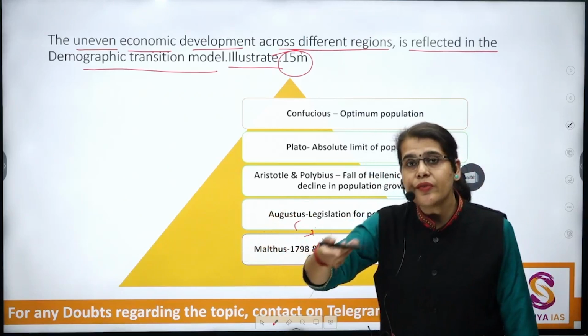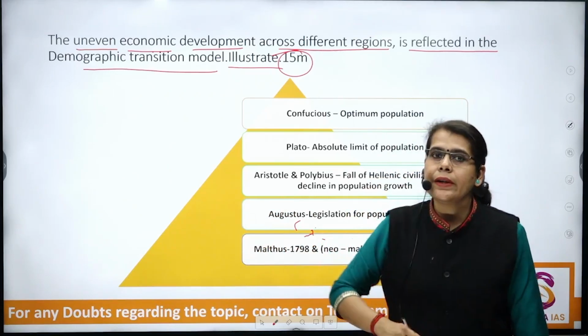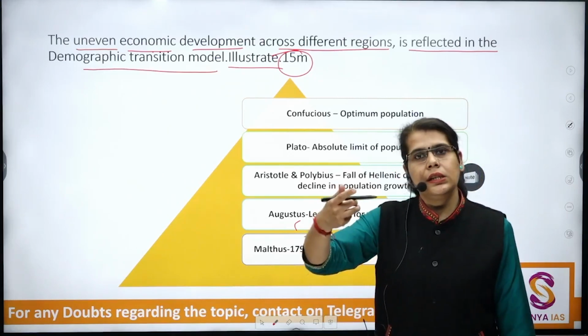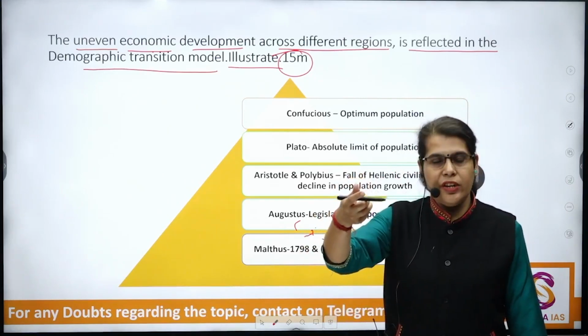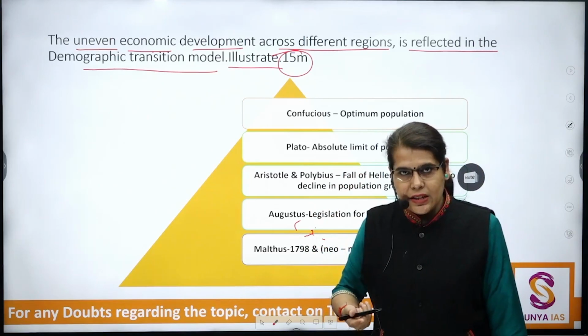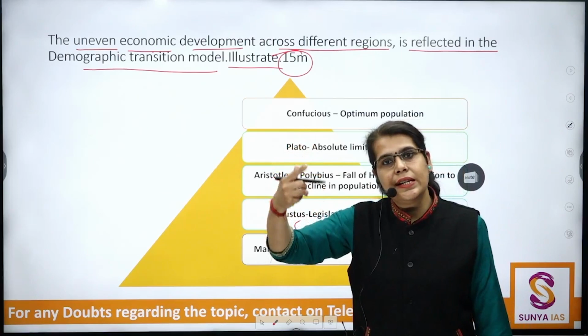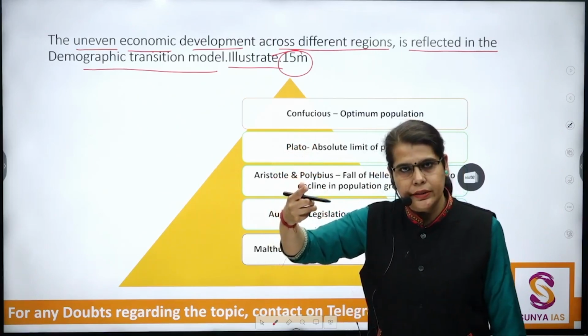And also when we are talking about one particular country, are there economic disparities? Yes. One region is more developed as compared to another region. So there are both inter as well as intra-regional disparities, correct?